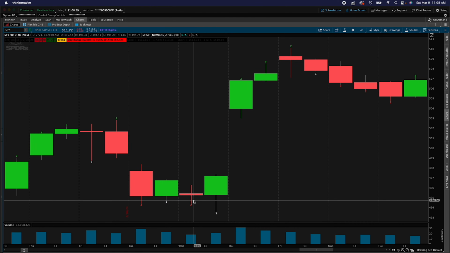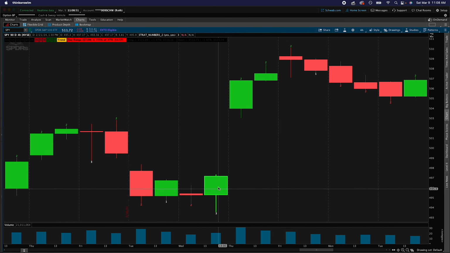Scenario 2 would be a 2 bar, either breaking the previous high, being a 2 up, or breaking the previous low, which will be a 2 down. And then a scenario 3 would be breaking the previous high and the previous low of the previous bar.